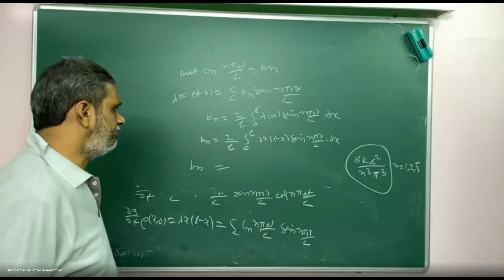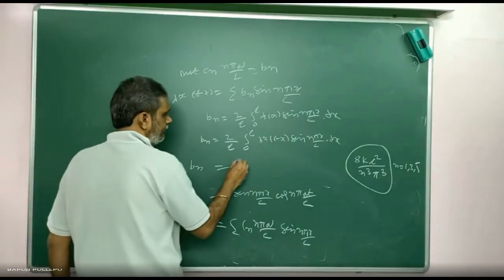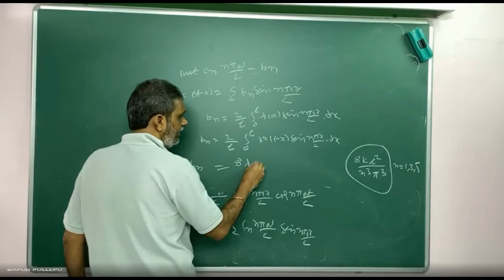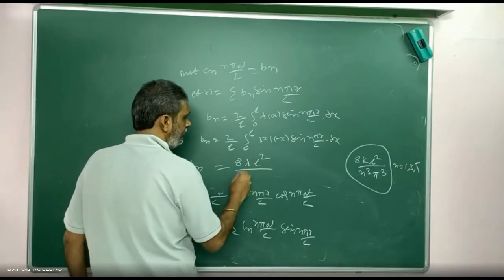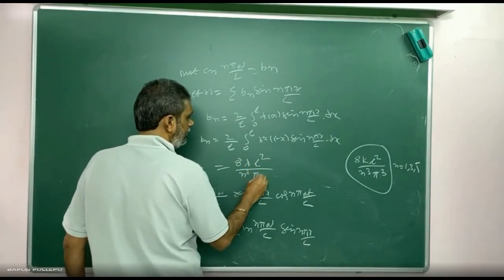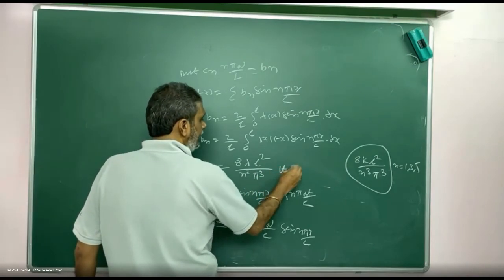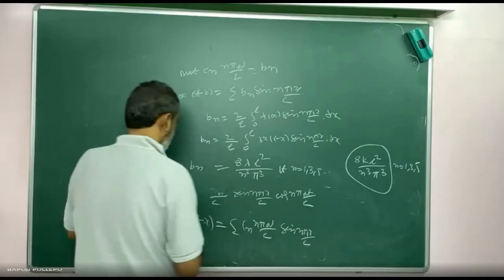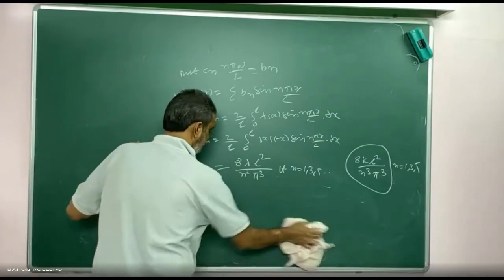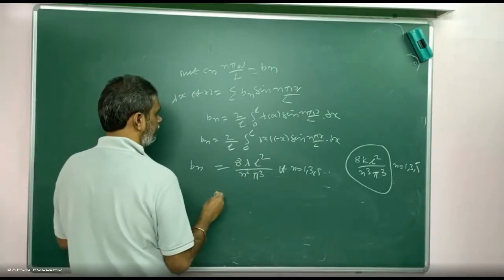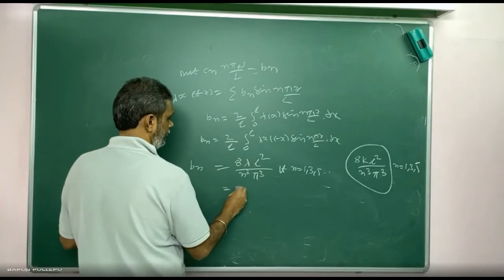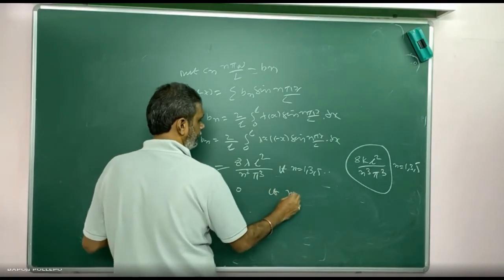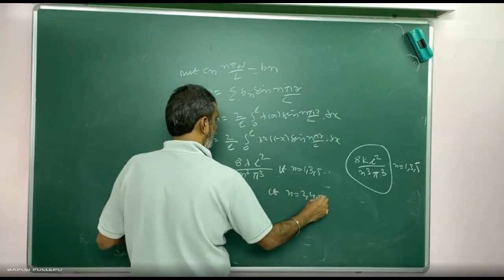So what is the answer? 8 lambda L square by n cube pi cube if n is equal to 1, 3, 5. Then Bn is equal to 0 if n is even. Correct? Even numbers.